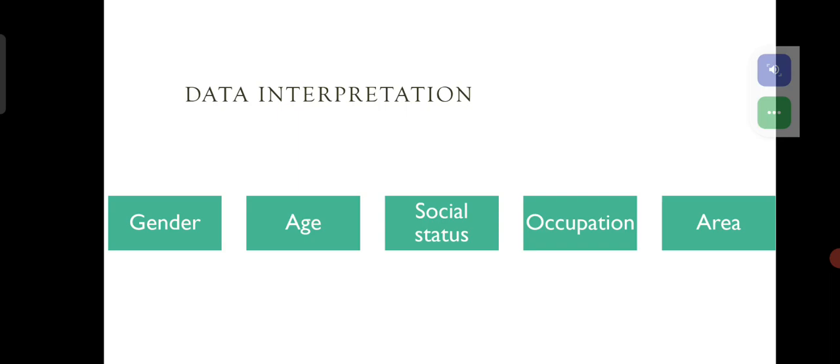So if you are doing a project on this, you can interpret data based on occupation also, and area also plays a crucial role, because rural problems are unique and urban problems are unique, because the conditions change. When the conditions change, the parameters will also change. So that is the way you have to interpret the data.